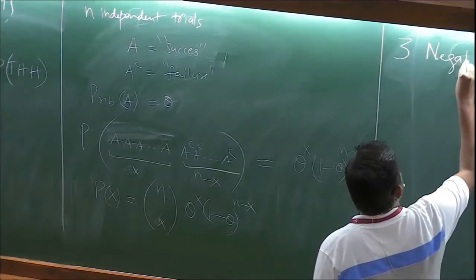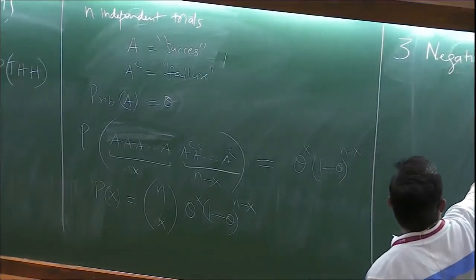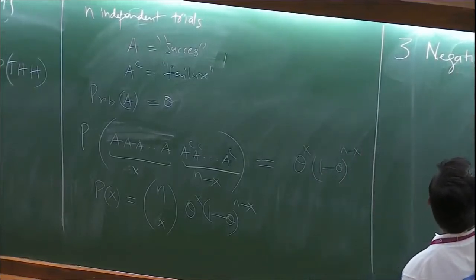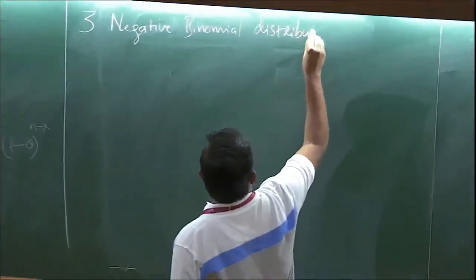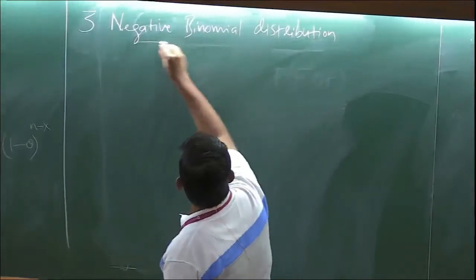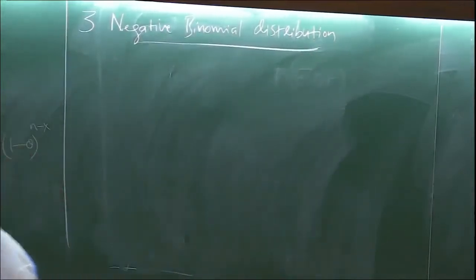Have people heard of the negative binomial distribution? So how do you define this?